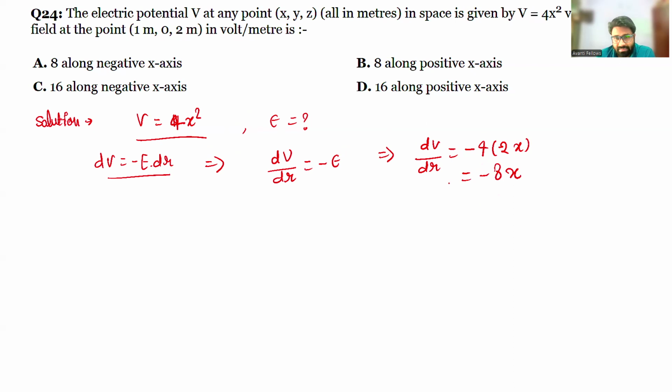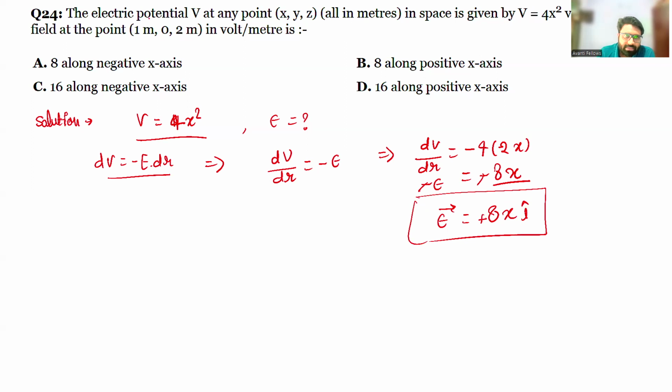This dV by dr is nothing but minus E. So this minus and minus will cancel. But since E is a vector quantity, I have to apply the vector sign, and the magnitude is coming only in one direction. So this is positive also, so the E vector will become 8x i cap.